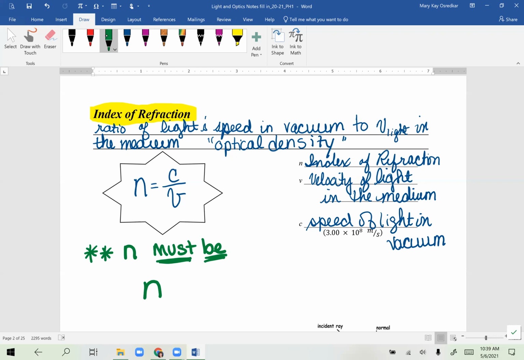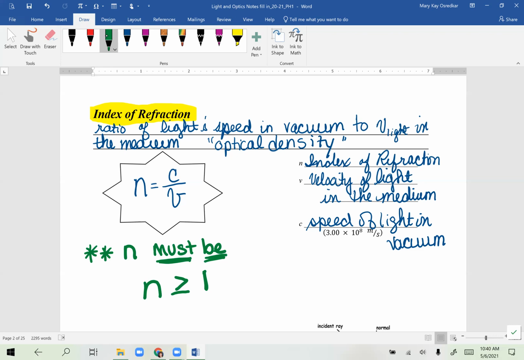If it's c divided by v, and v has to be the speed of light or less, then n has to be 1 or more. Oh, yeah, other way. Okay, n must be greater than or equal to 1. It's physically impossible. You broke physics if you get an n value less than 1.